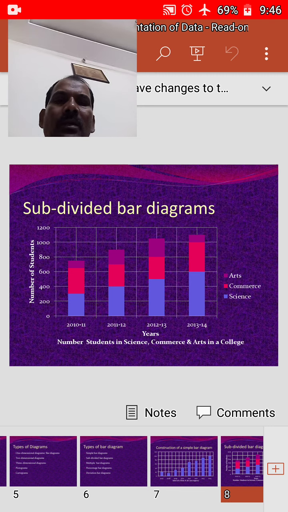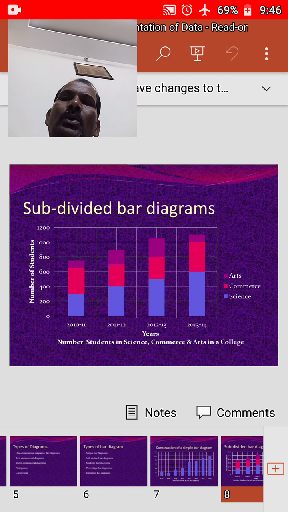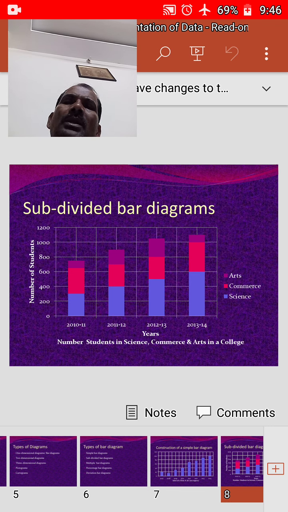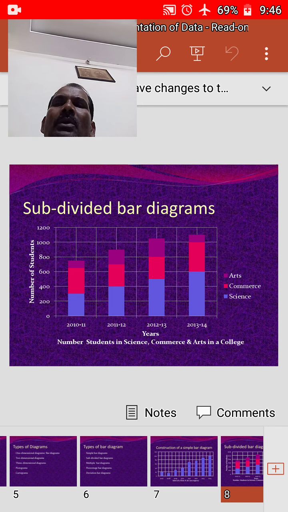For example, here, from 2010 to 2013-14, the number of students in a college is given. Okay, 2010-11: number of students in arts is 100, commerce is 350, science is 300. In the year 2011-12, 200 arts students, 300 commerce students and 400 science students were there.